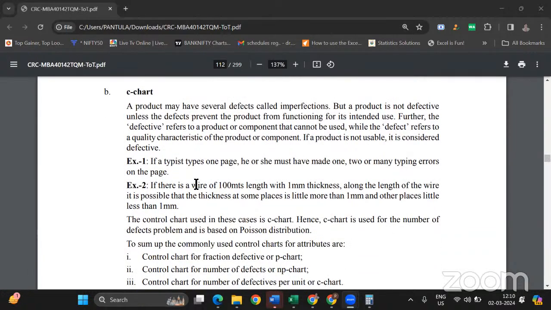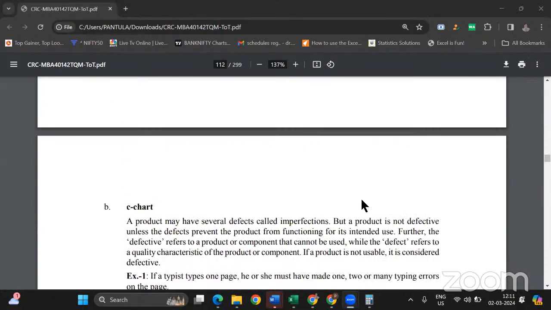For example, if a typist types one page, he or she may make one or more typing errors. Or if there is a 100 meter wire with 1 mm thickness, there is a possibility that the thickness at some place is a little more or less than this. So this is called a C chart.